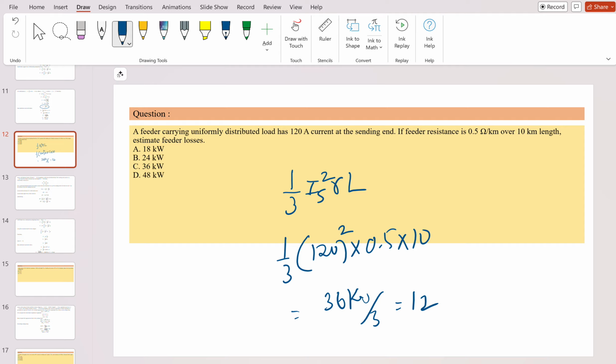So 120 square multiplied by 0.5 multiplied by 10 divided by 3 is coming out to be 24 kilowatt. Okay, 24 kilowatt is the answer. Option B is actually correct.